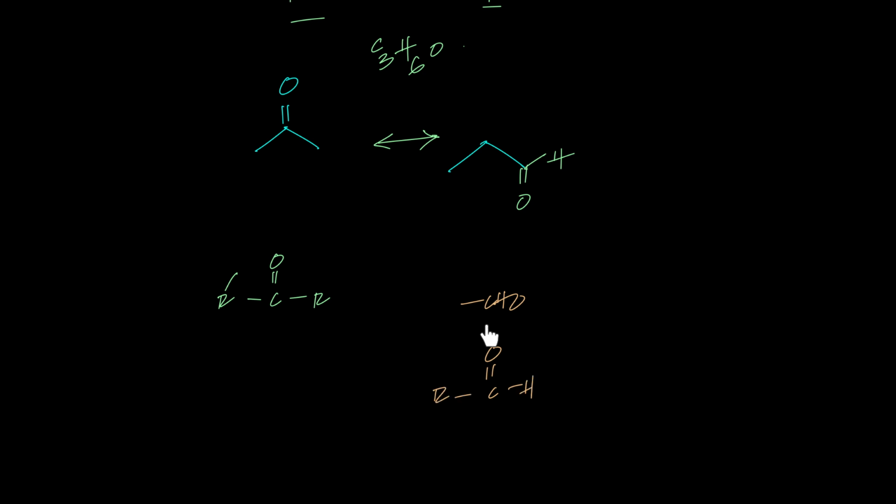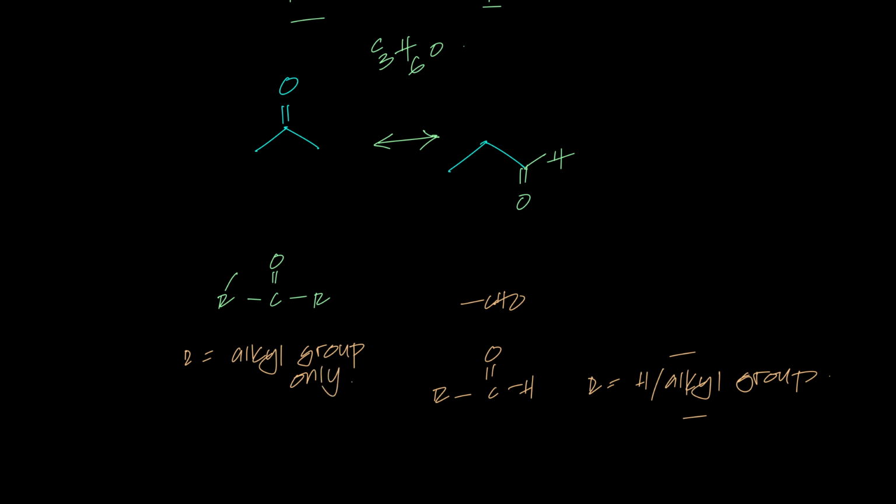You can write it like this for the examiner and say R is an alkyl group, where R is alkyl group only, no hydrogens. It can't be hydrogen.